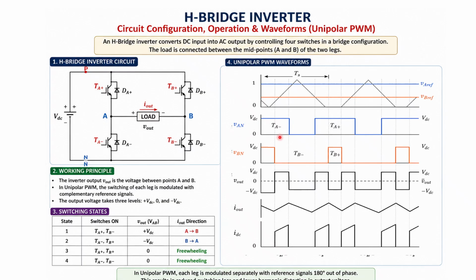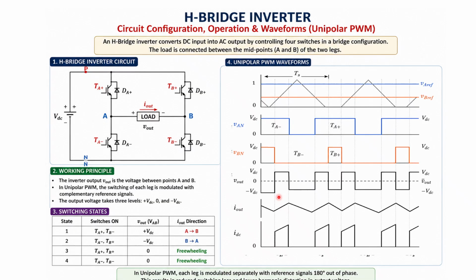You can see that VAN goes 0, positive, and VBN goes 0, positive. Because of this, it is called unipolar pulse width modulation. It is also called a 3-level output modulation.